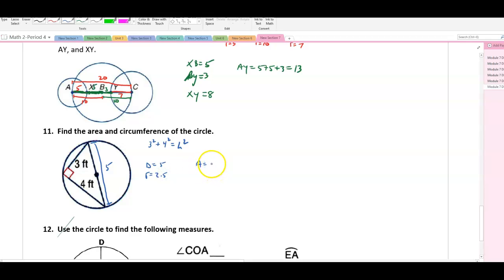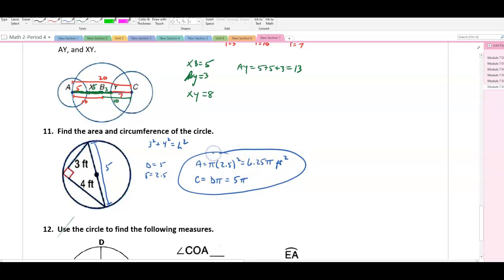So the area would be pi times 2.5 squared, and 2.5 squared gives you 6.25 pi. So that would be the area, and that's feet squared. And the circumference will just be diameter times pi. If your diameter is 5, you would just use 5 pi. Okay?